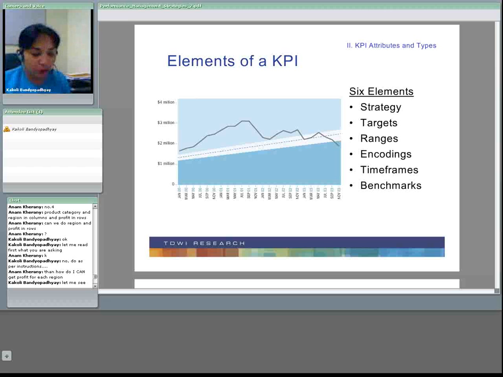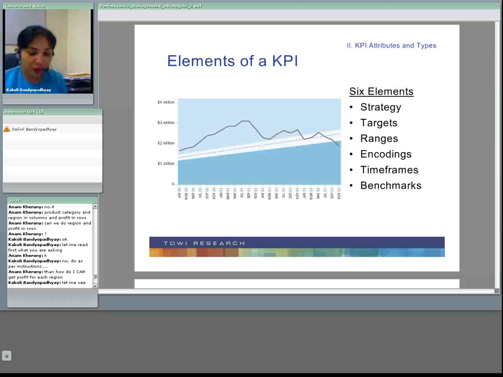Say for example, when you are above target, it may be visually displayed green. When you are on target, the color can be yellow. When you are below target, the color can be red. So by looking at the dashboard, if I see red, then I know that my performance is below my target.